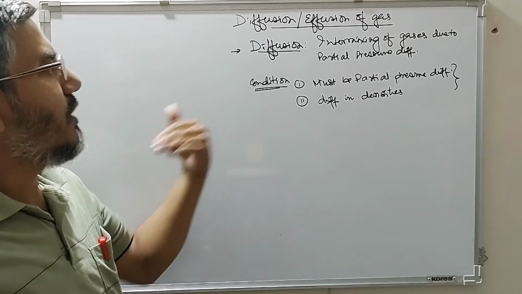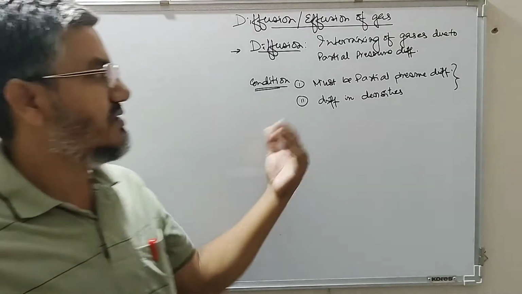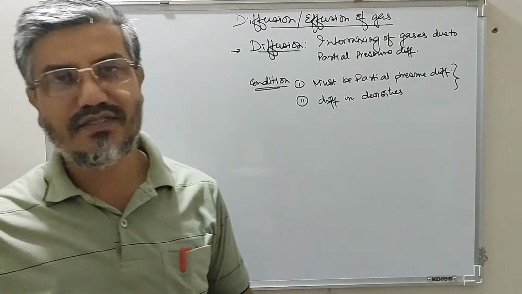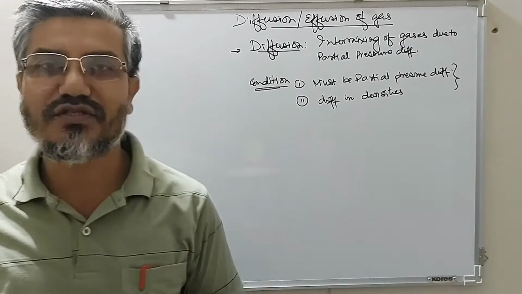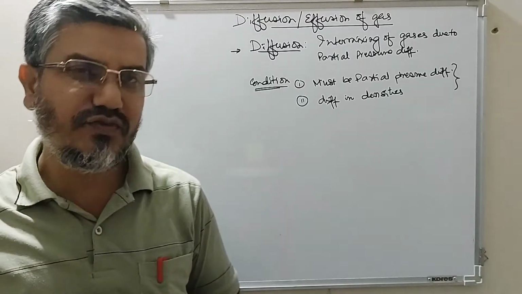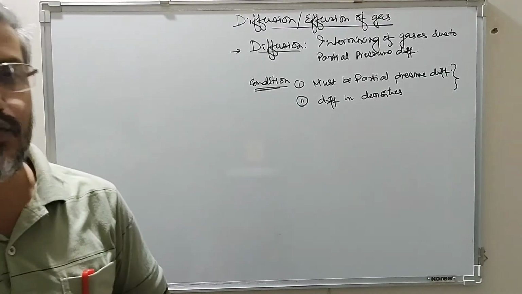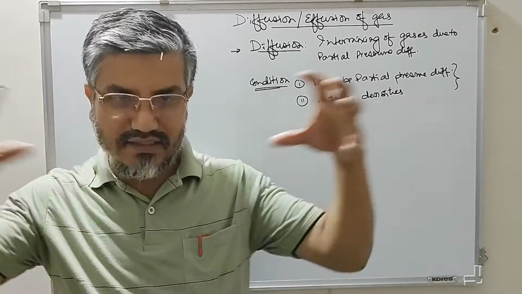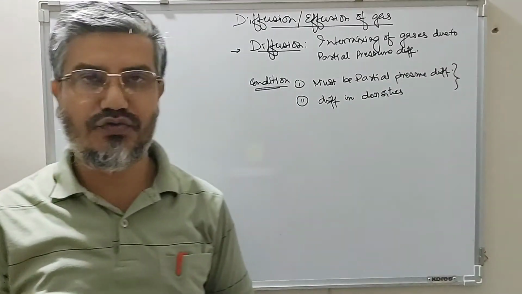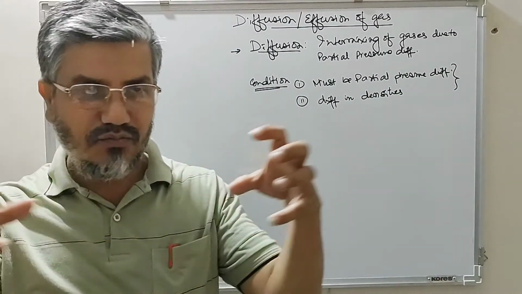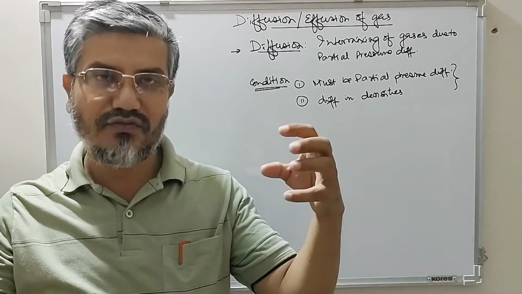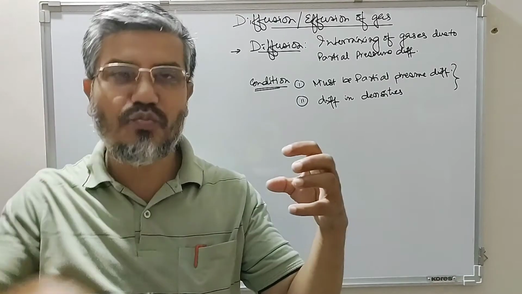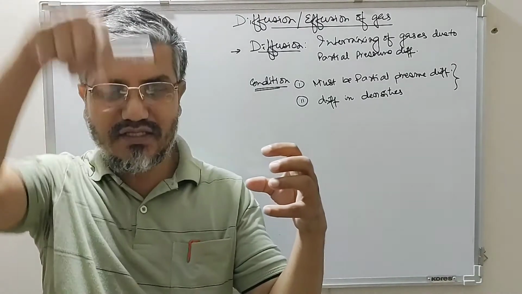Now the question is, though we have a partial pressure difference or density difference, what is the reason behind this intermixing? We say in case of gas molecules, there is a large gap between the molecules. The intermolecular distance between gas molecules is very high, so there is some unoccupied space, and a molecule of another gas can enter it.